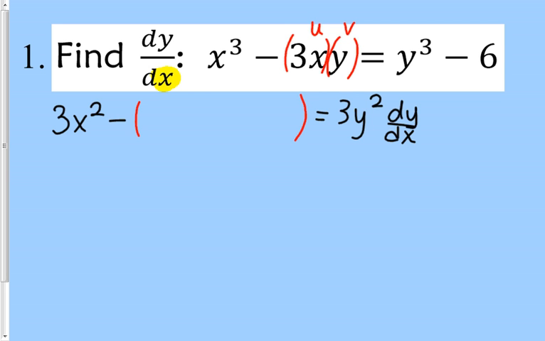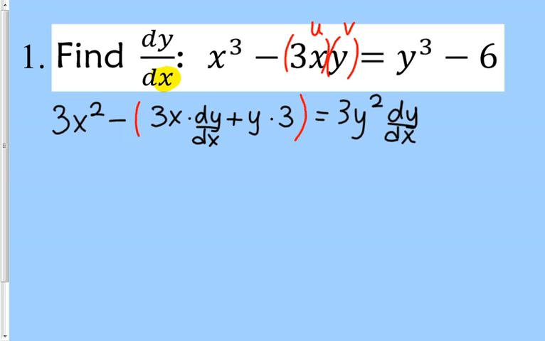Okay, so the 3x times y, I'm going to do the product rule. So I get u, which is 3x, times v prime. The derivative of y is 1, but dy dx, plus v, which is y, times u prime, which is just 3.